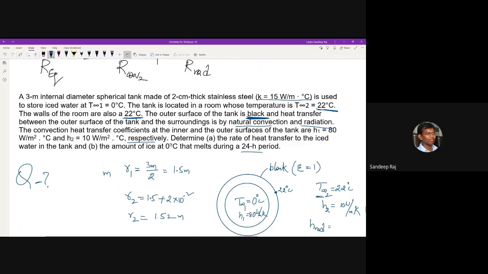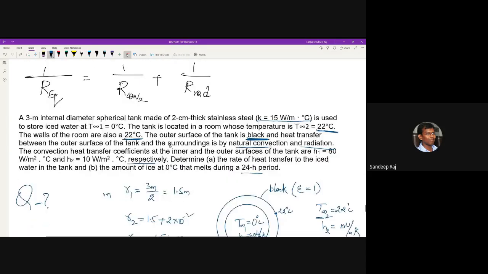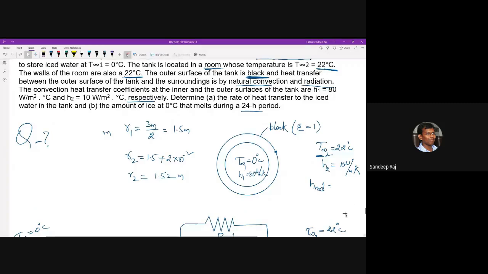See here what is written. The tank is located in a room, and this 22 is not for this one. I'm sorry. The walls of the room means the outside. You can draw something like this. There is a room here.